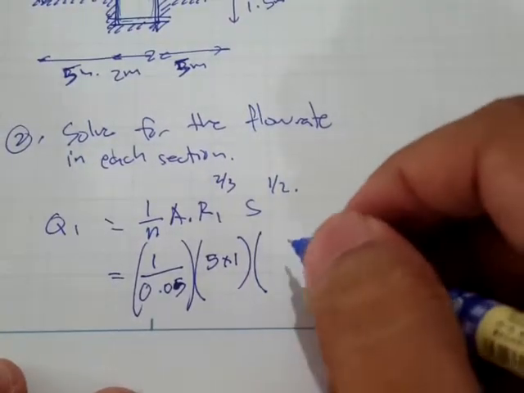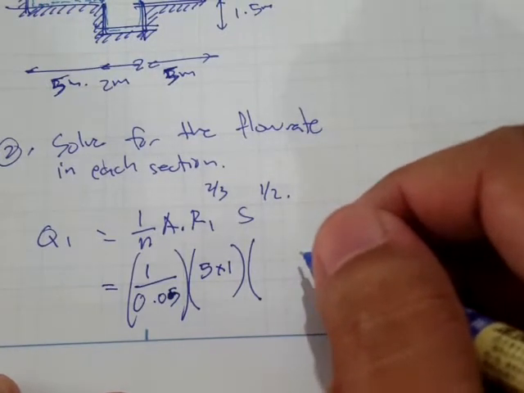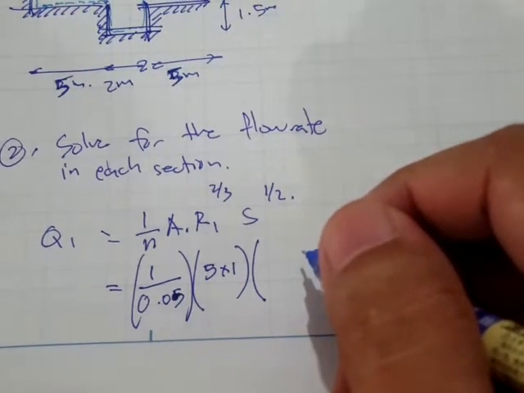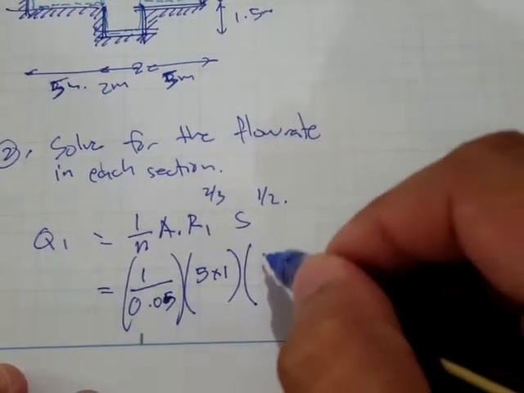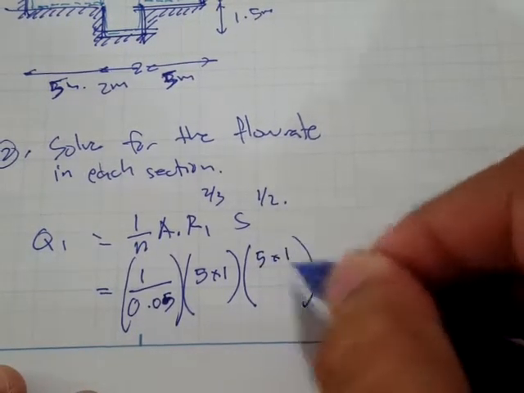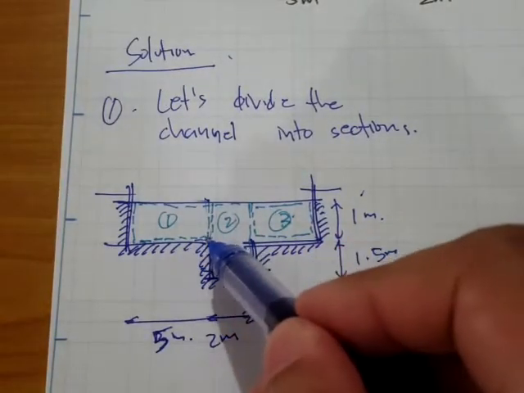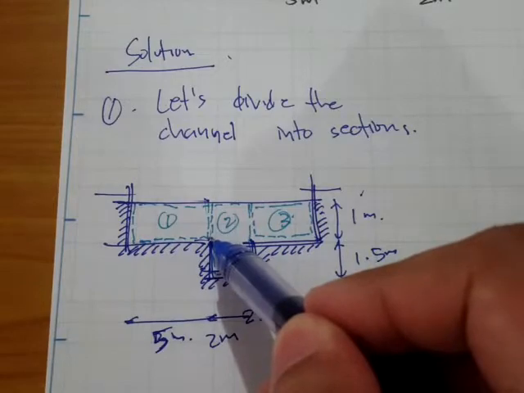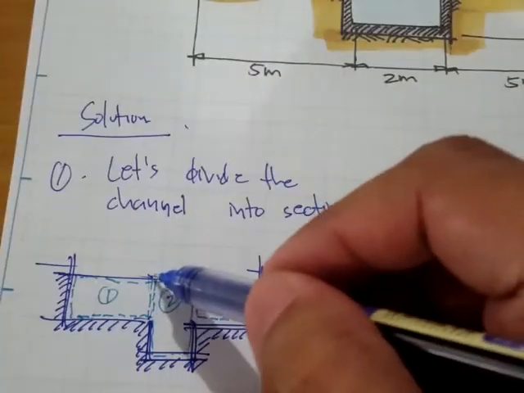Our hydraulic radius is area divided by the wetted perimeter. The area is 5 times 1, and here's our wetted perimeter: this side and that side, so this is just 5 plus 1, because we don't have a solid boundary here.